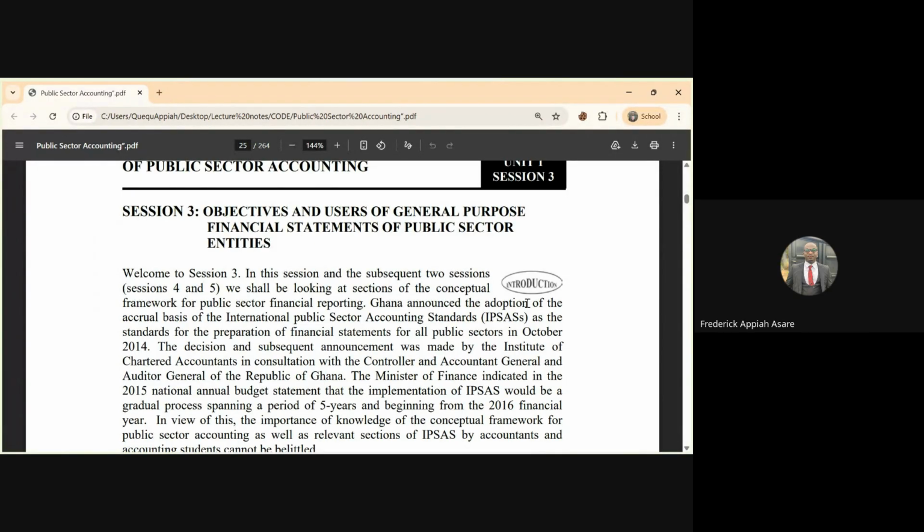Private entities use the IFRS, all the standards you know from IFRS 1, IFRS 2, IFRS 3, all the standards that you know in accounting, those standards that you did in level 200 during financial reporting. But when it comes to the public sector, we use what you call the IPSAS.